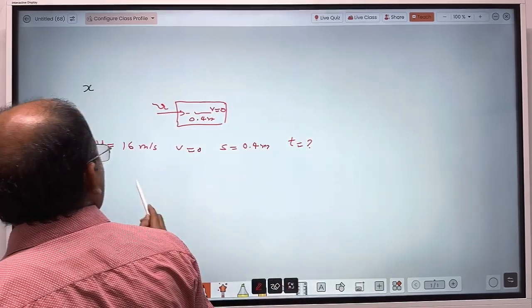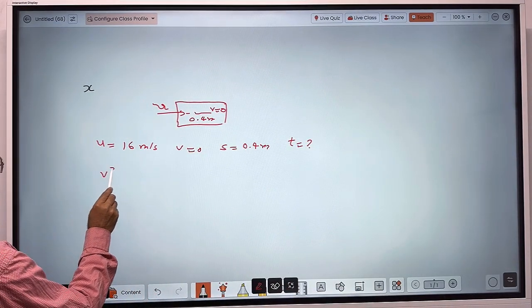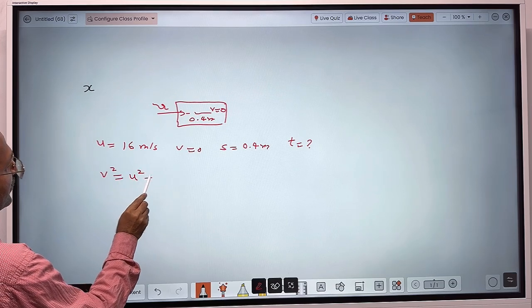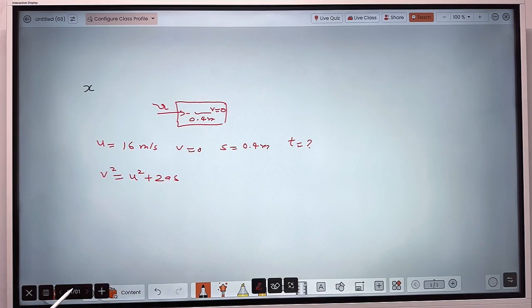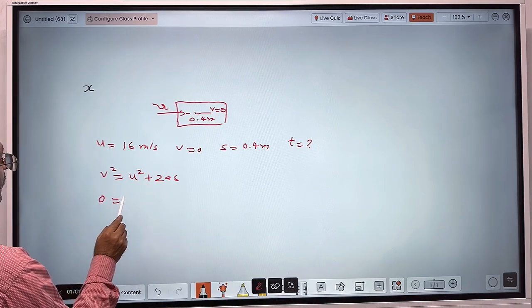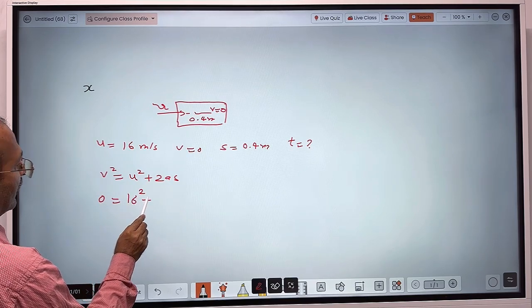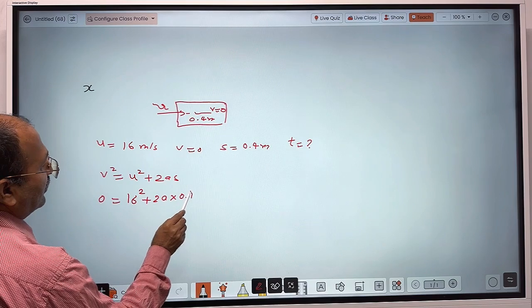So first of all, we have to get acceleration by using the formula v square equal to u square plus 2as, and after that we will apply v equal to u plus at, and we will get the value of t. So v square, that is 0, equal to 16 square plus 2 times a into s, which is 0.4.